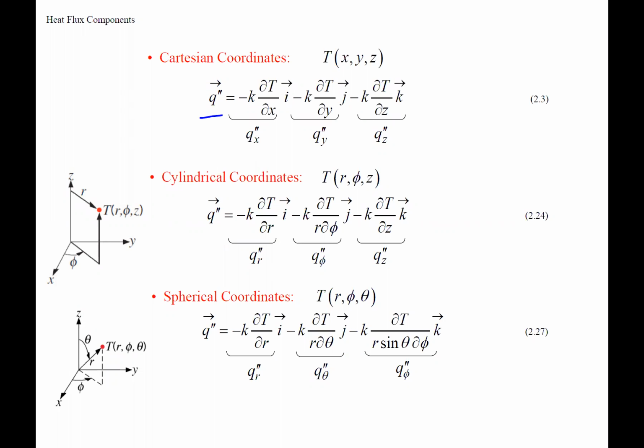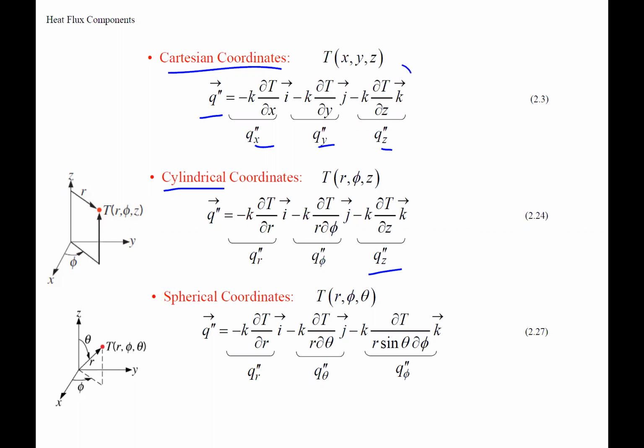Okay, so you have your heat flux, and if Cartesian is the best coordinate system to use, then you'd have X, Y, and Z, right? And they all look pretty much the same except for the dimension, X, Y, Z, the I, J, K. Cylindrical, right? The Z term looks about the same as above.